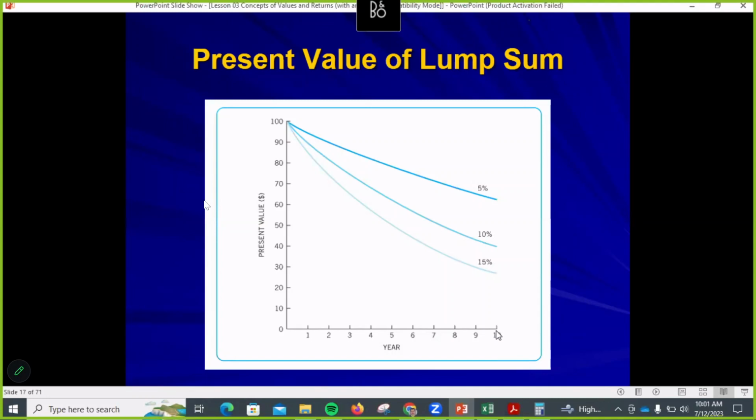at the end of the 10th year, you will have say 150 rupees. So today 100 rupees should be equal to 150 rupees after 10 years.